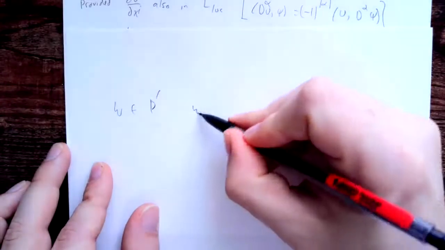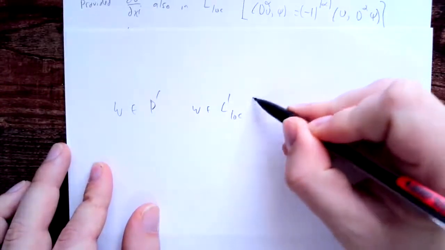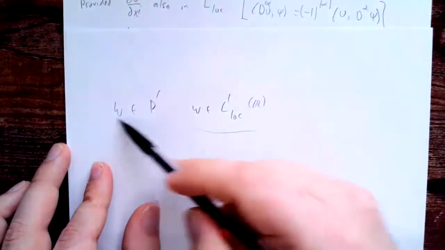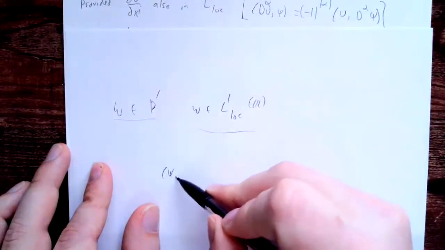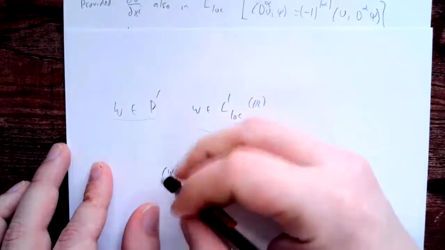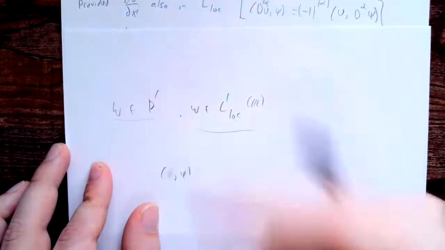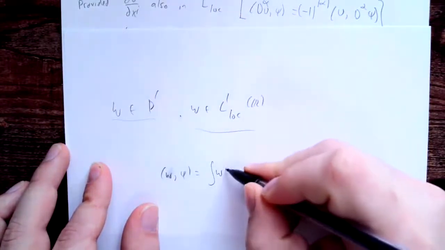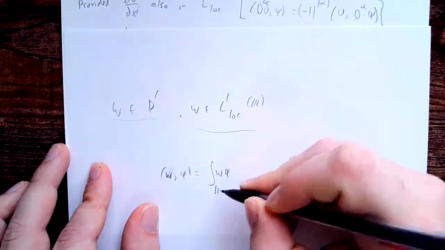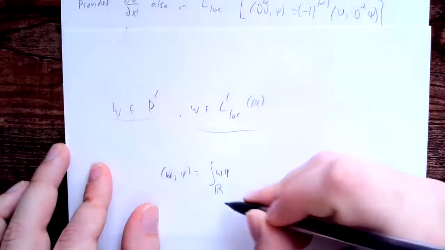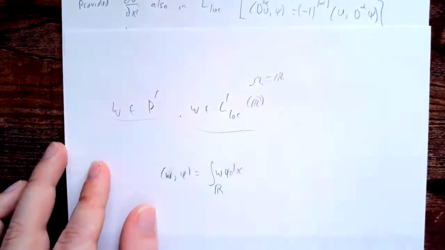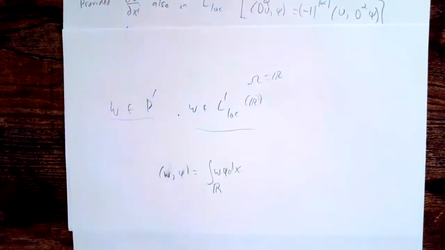Given that W is locally integrable, any such function can be regarded as a distribution through the following pairing: W applied to psi is equal to the integral of W times psi over Omega, if you had a domain Omega, but here Omega is just R. So isn't that the way you consider a locally integrable function a distribution?